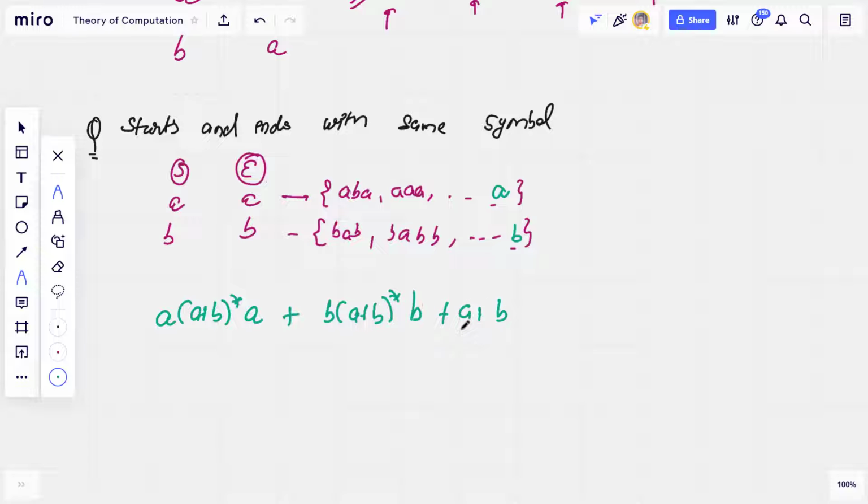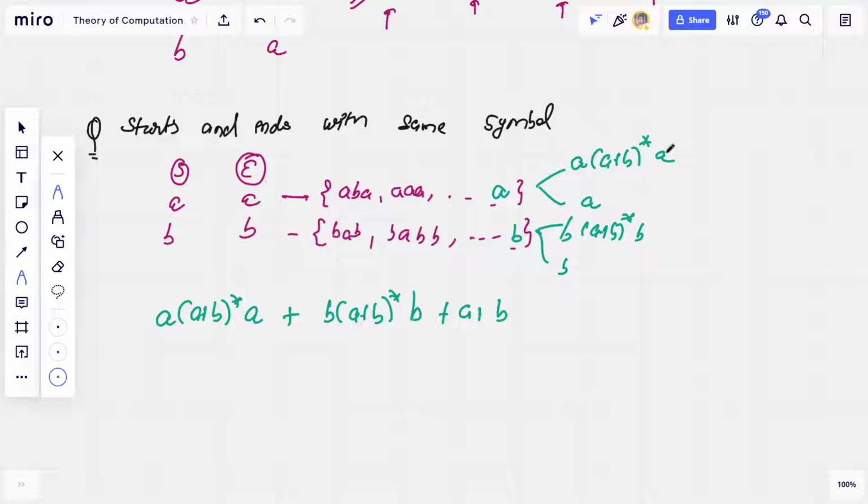You have to explicitly union them. Okay, cool. This language can actually be written like this: A (A plus B) star A, plus simply A. This language can again be broken into two parts: B (A plus B) star B, plus simply B. Good.